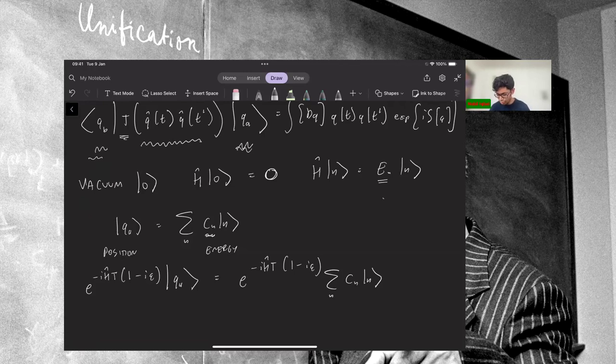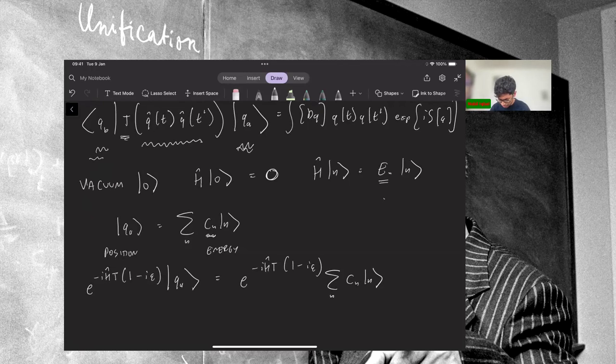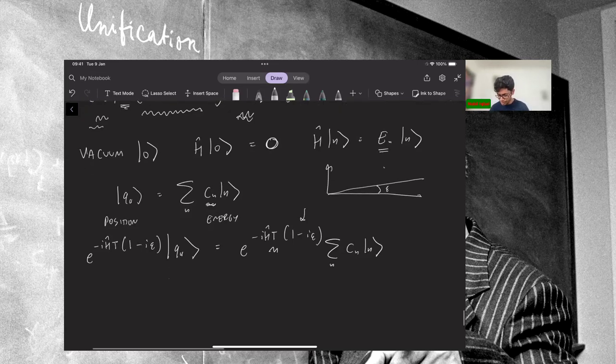What I'm doing is evolving in a slightly imaginary time. This 1 minus i epsilon takes my real time and makes it a little bit imaginary. This is meant to be the imaginariness of the time, so it's a little bit of a Wick rotation. But what does it do?